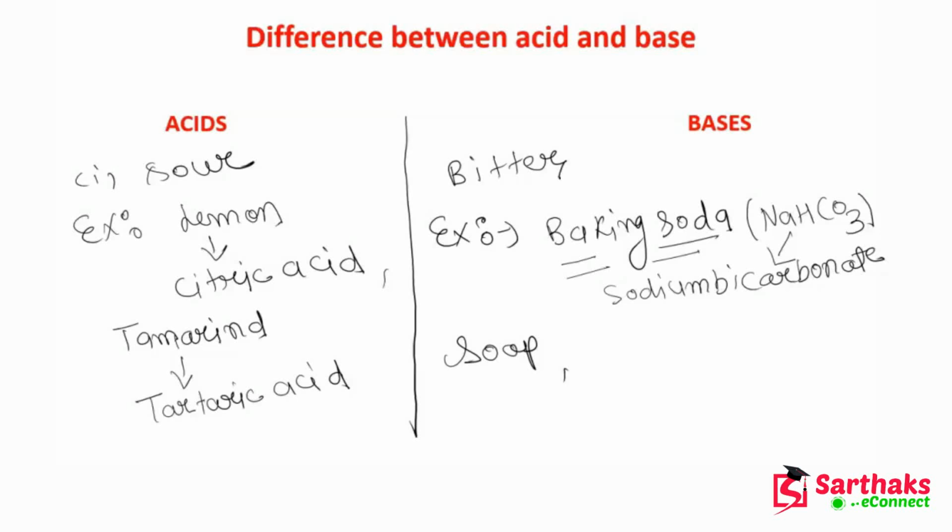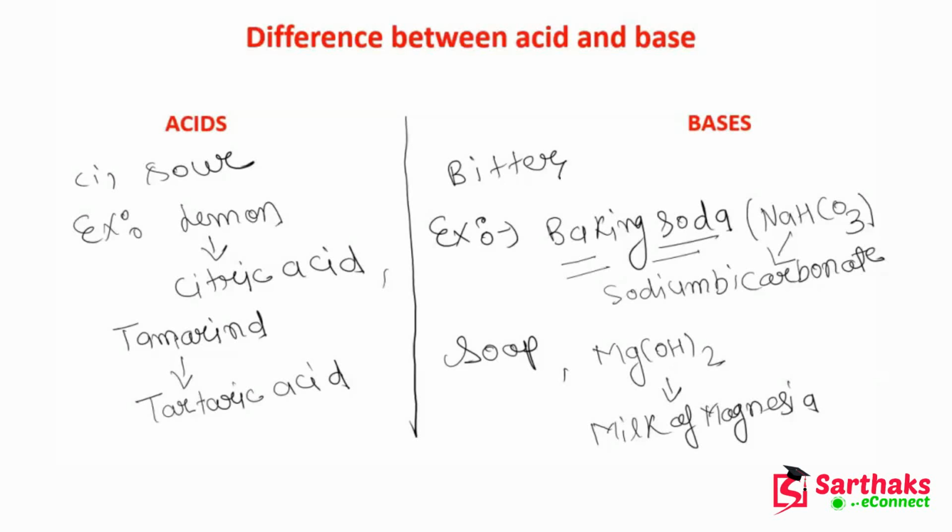Now guys, magnesium hydroxide, and this is known as milk of magnesia. So this is used as a cure for acidity.